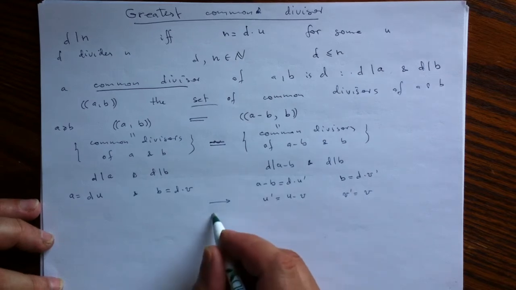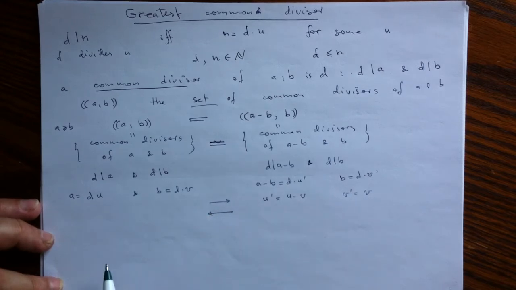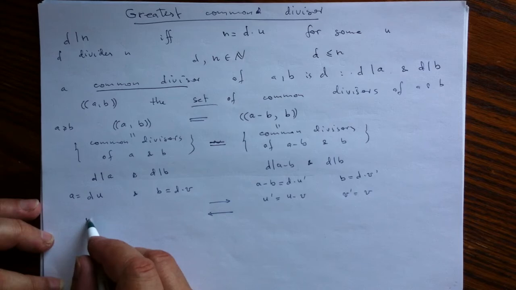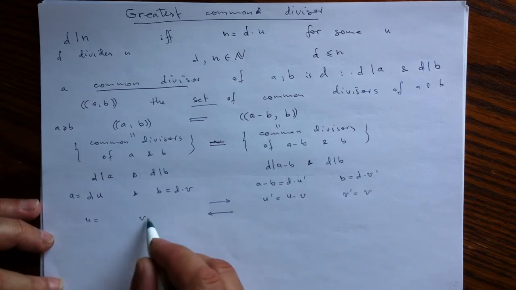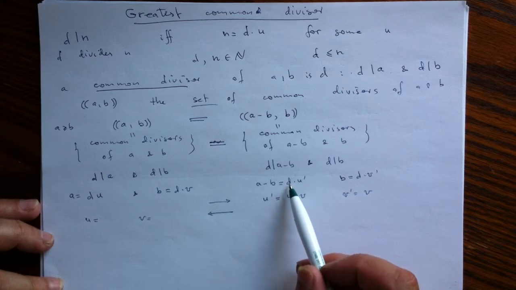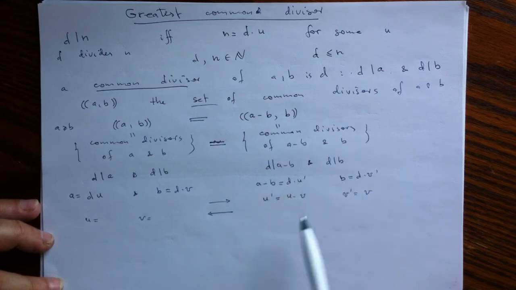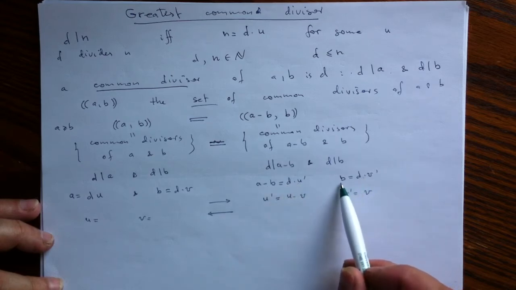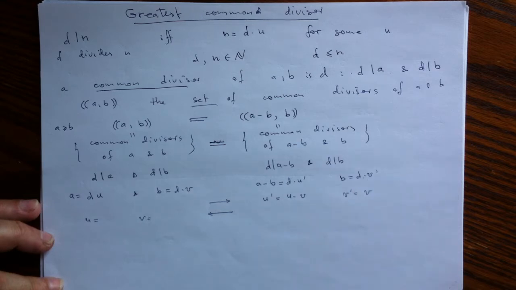So I want to now undo it and produce the answers for U and for V if I know my U prime and V prime. Now if I know that D divides A minus B, I know this U prime, and I know that D divides just B, I know this V prime.